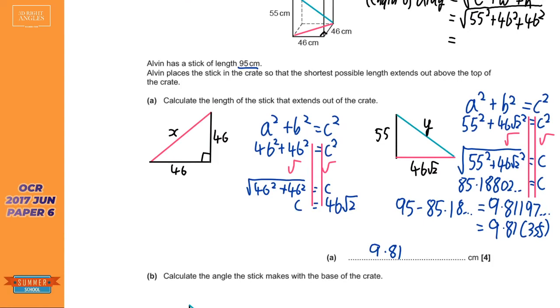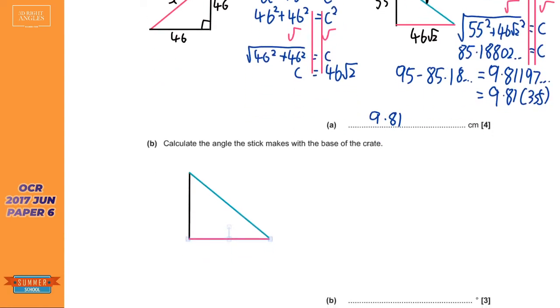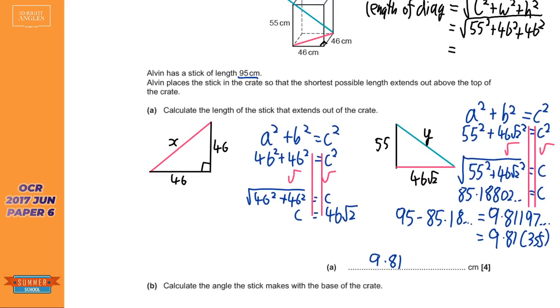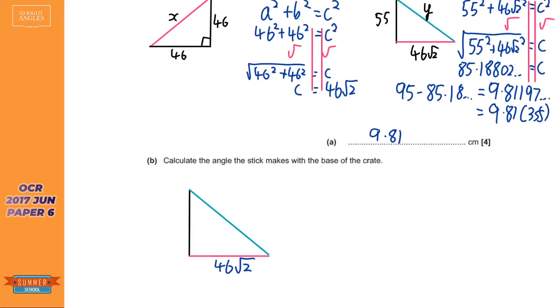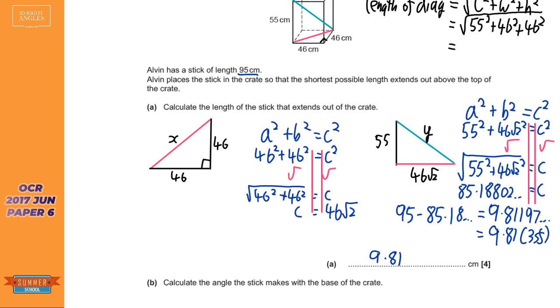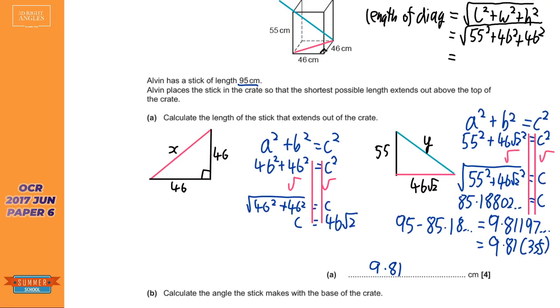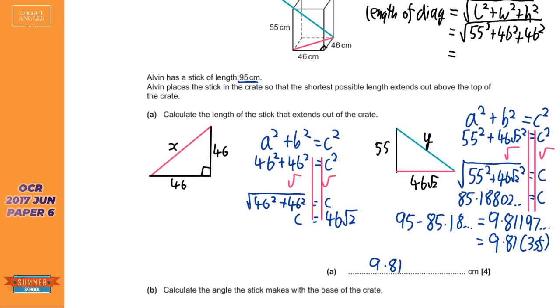Okay, so we've got the 46 root 2 at the bottom that we worked out in the previous question, and the marker will look at your previous question for working out, so don't worry too much about where your working out is. We've got the 55, and actually, thinking about this, we could have just used that y value, but there we go.